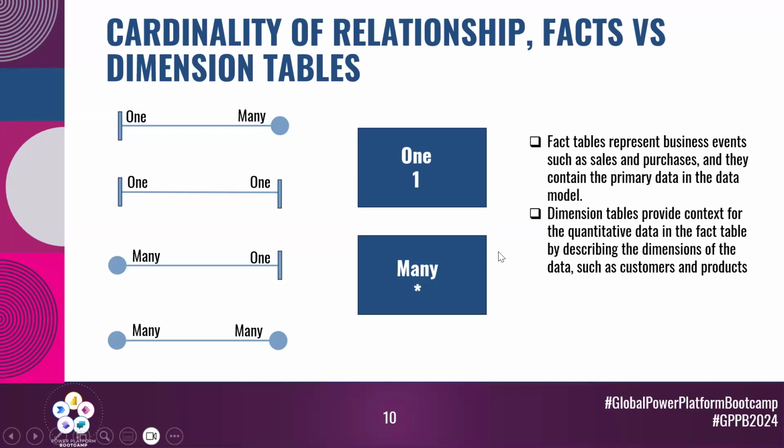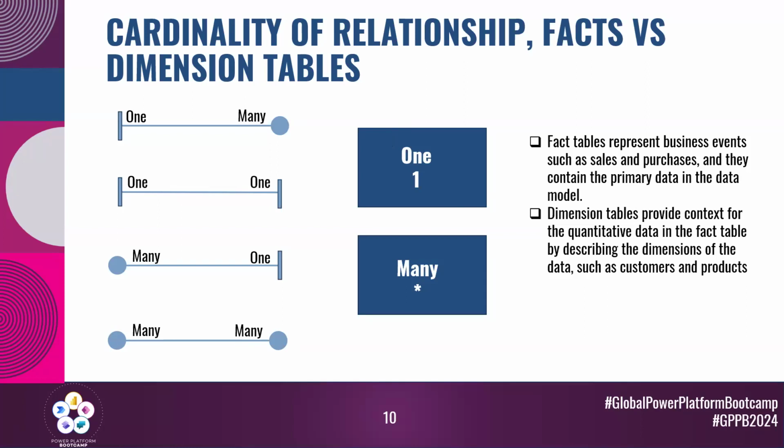So now, one cardinality and many cardinality. When we say one cardinality, what does that mean? Let's take an example of your dimension table, for example the product table. Don't forget that it's a unique list of products: product ID, product name, product ID, product name.